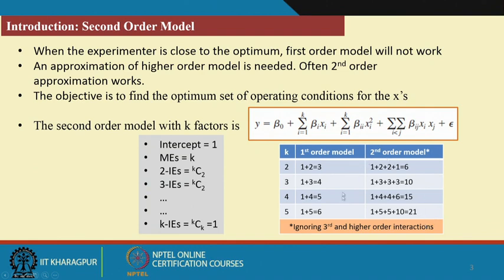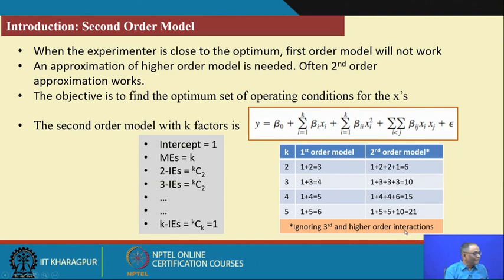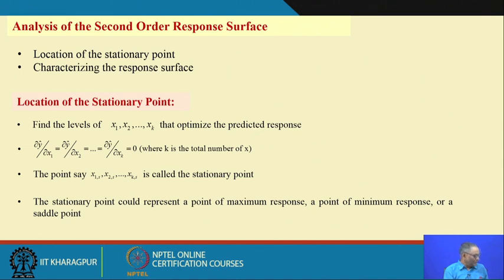And you have seen that when the number of factors increases, the parameters also increase. Fine, these are the things we have discussed earlier also. Now, the question is what are the issues that we should discuss when we talk about analysis of second order response surface.